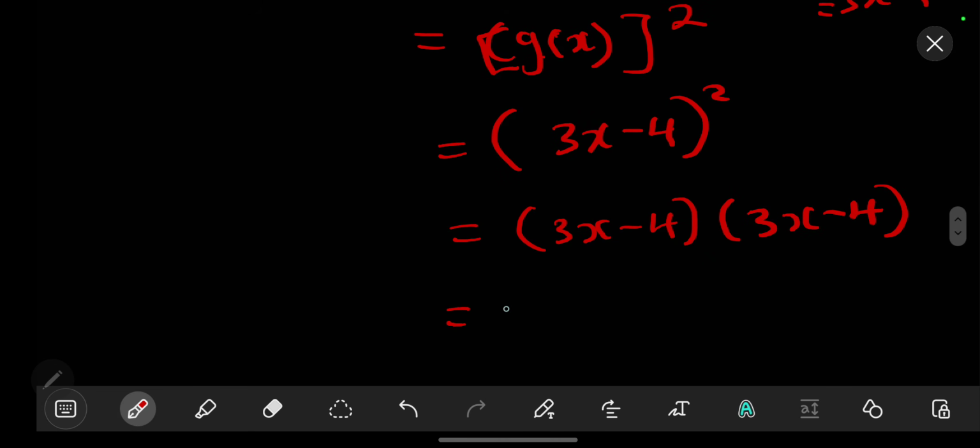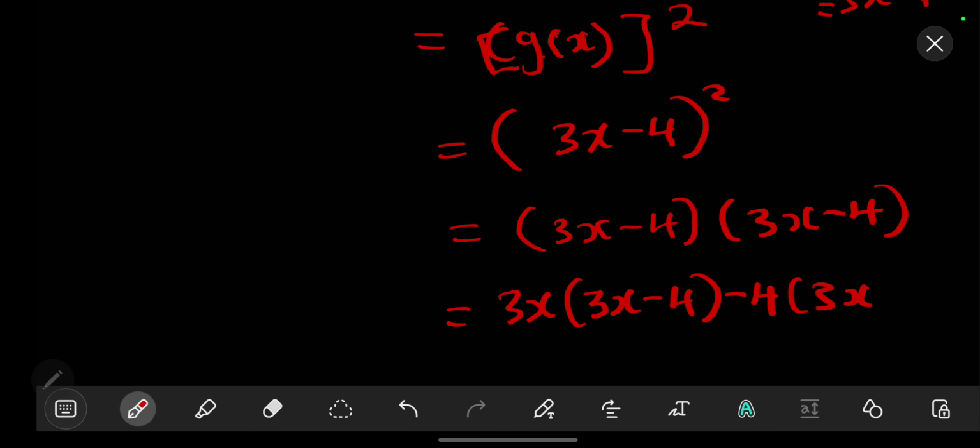So let's multiply. The first number multiplies everything, so we write our 3x multiplies everything here, so we have 3x minus 4. Then this second number, our -4, multiplies everything here.